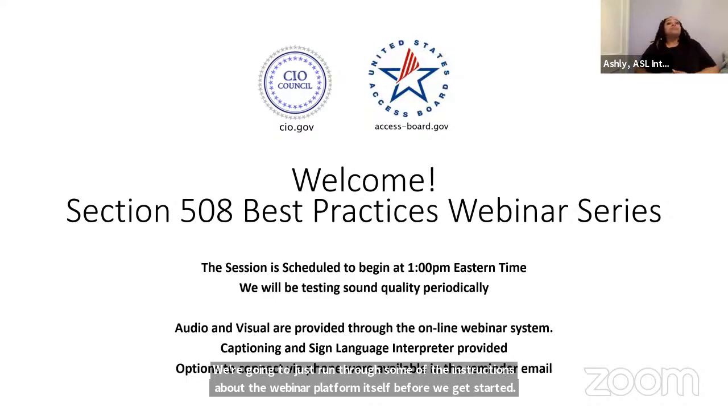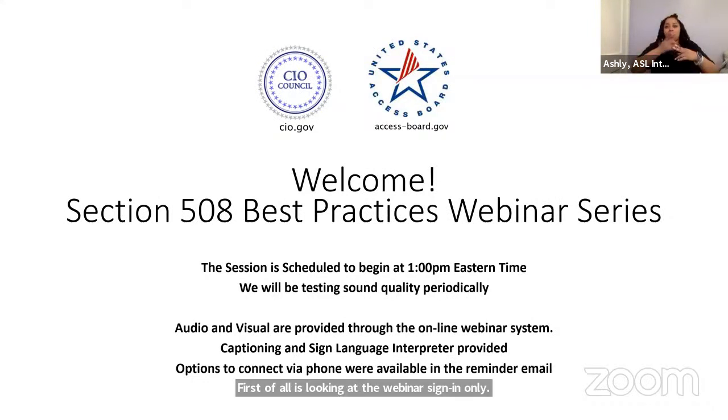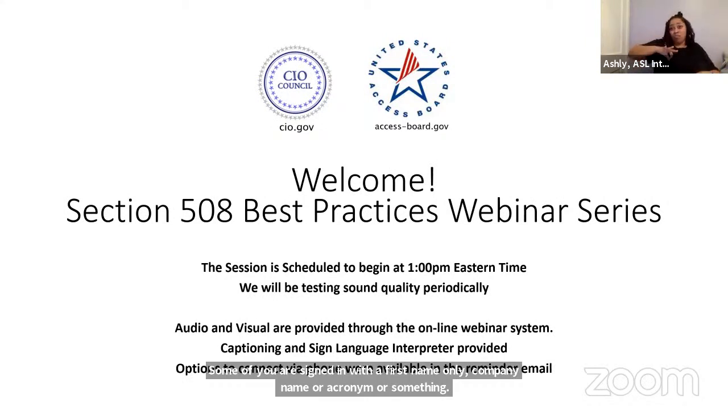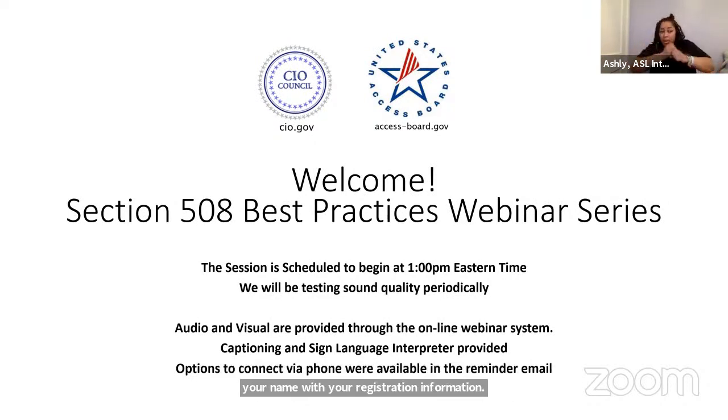First of all is looking at the webinar sign-in process itself. Notice that many of you are signed in with a first name only, or an initial, or a company name, or an acronym. Please note that we will not be able to give you credit for attending today's session unless we are able to match up your name with your registration information. This is the only way that we can verify participation.